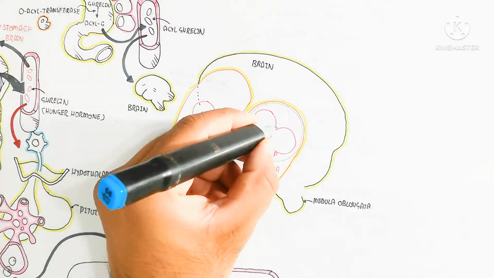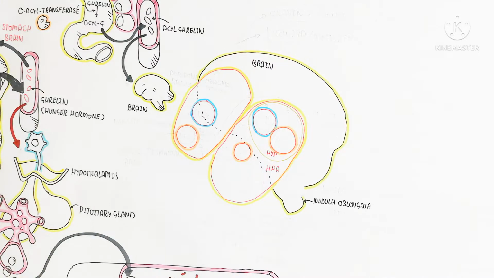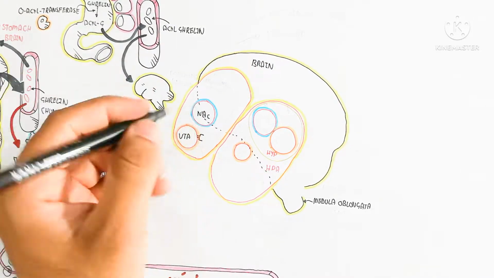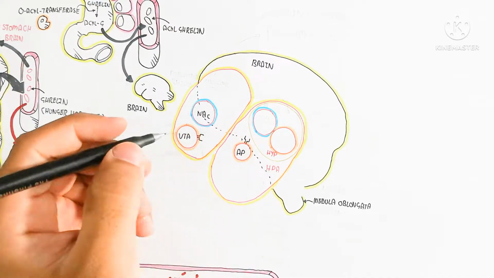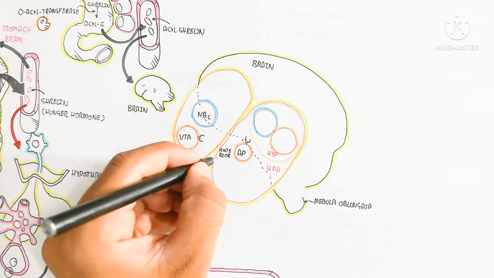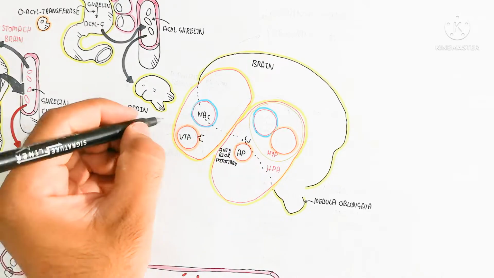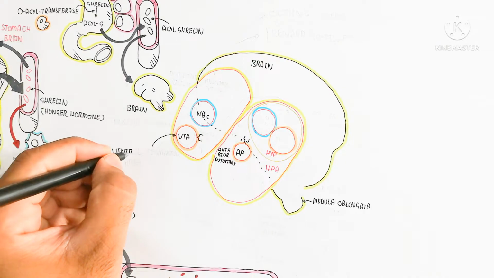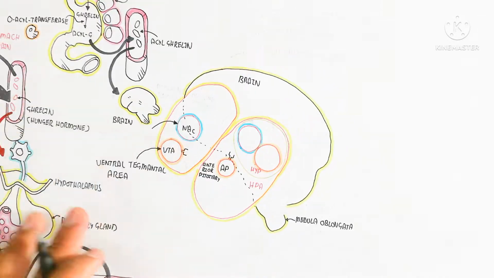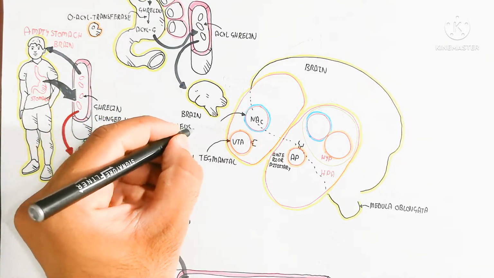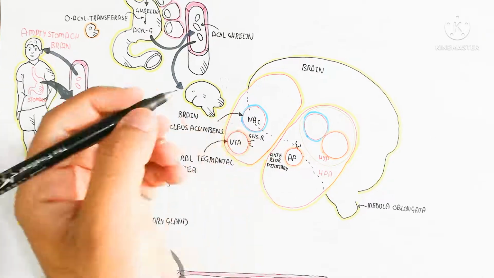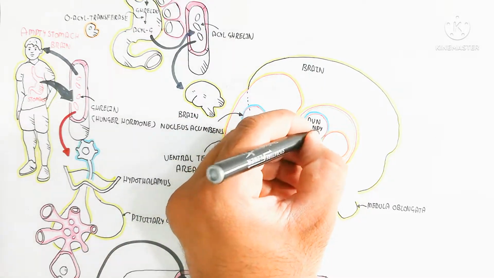The bigger circle shows the hypothalamus, and on the other hand the hypothalamic pituitary adrenal axis. Here you can see the anterior pituitary, which will release the adrenocorticotropic hormone. Here is the ventral tegmental area, and this is the NAc, the nucleus accumbens, which contains the ghrelin receptor.